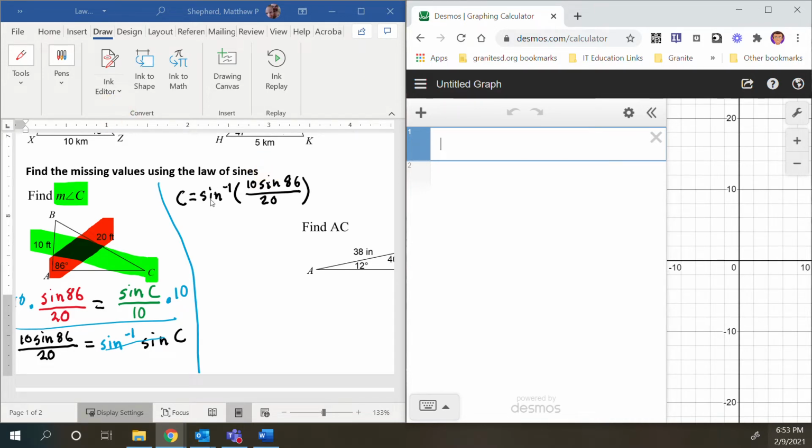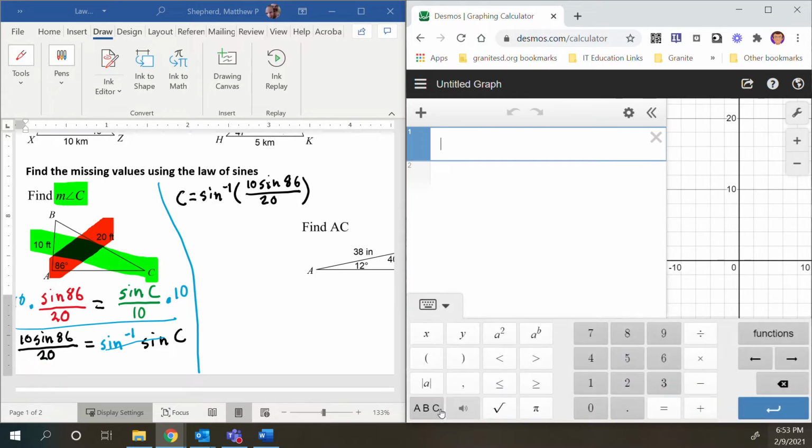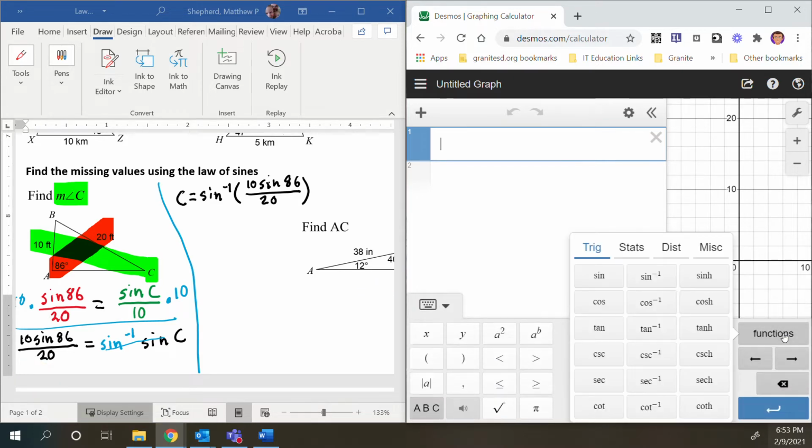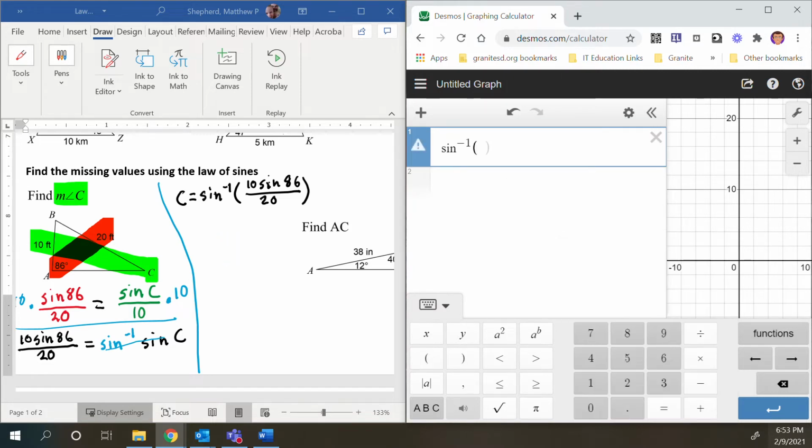First, I need this sine inverse. So if I come down here to the bottom left, show the keypad, go to functions, there's the sine inverse. And now, because what's inside is a fraction, first thing I'm going to do is press the divide key, and it automatically makes that for me.